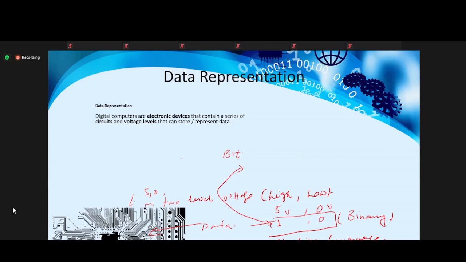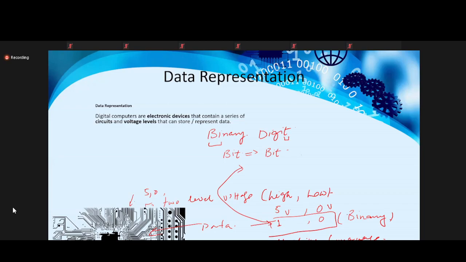Bit means, I would say, binary digit. So binary digit, this is how it is abbreviated to bit. Correct? Yes, ma'am. So binary digit, or bit.